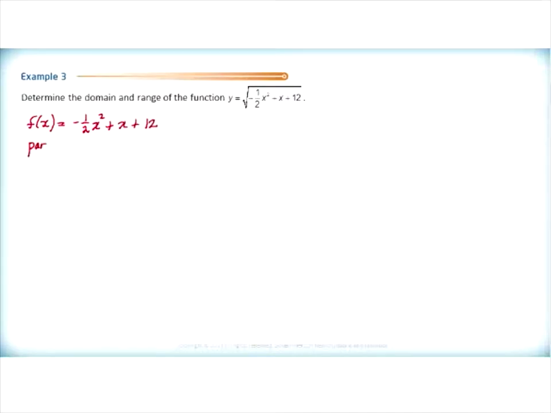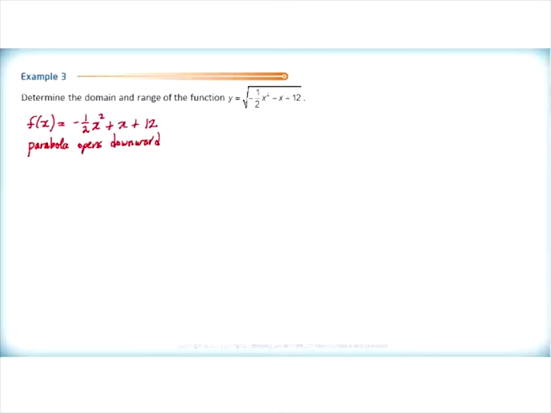This represents a parabola that opens downward. In order to determine the domain and the range for this square root function, we need to locate the x-intercepts again, and you will also need to locate the vertex of this parabola. Since it's a maximum point on the parabola, it will also be a maximum point on the square root function.